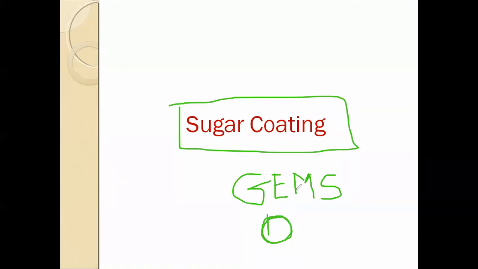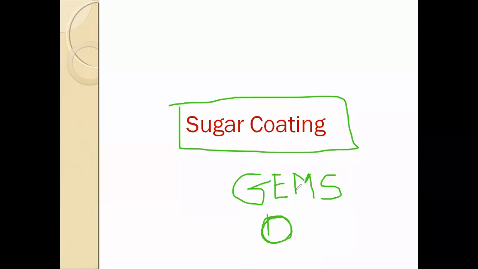You get these gems in different colors. What is your core? You have a chocolate. On this chocolate core, what have you applied? You have applied different types of color coating. The basic reason why we are attracted to gem chocolates is the variety of colors, which are just like in spherical tablets.